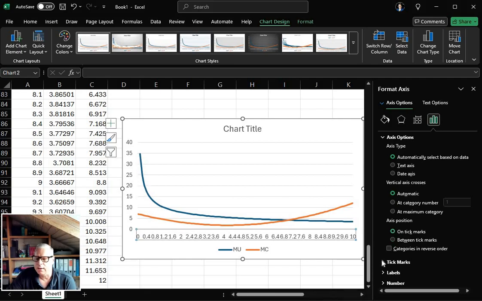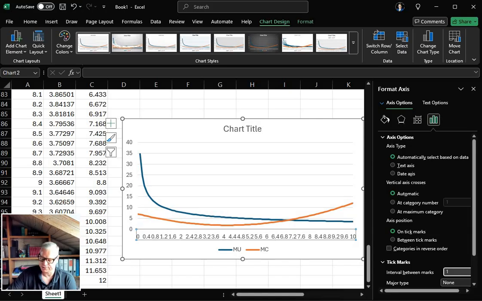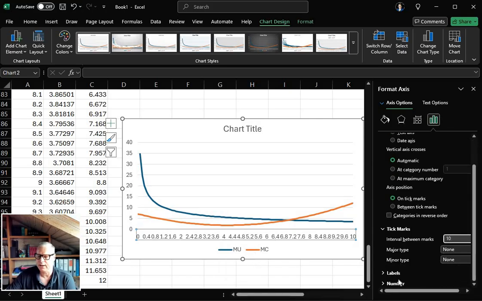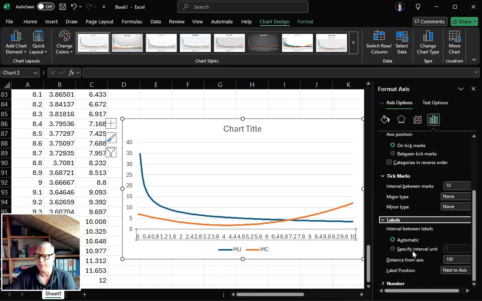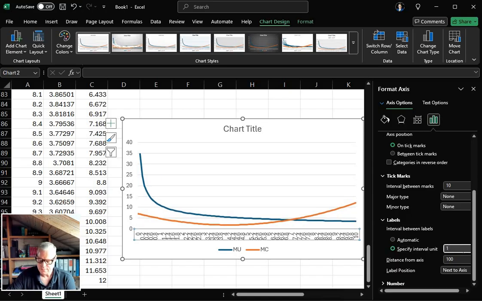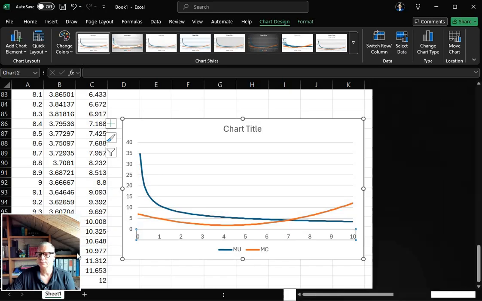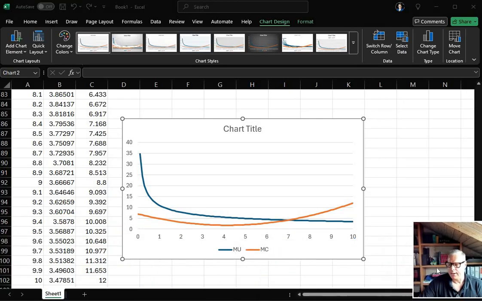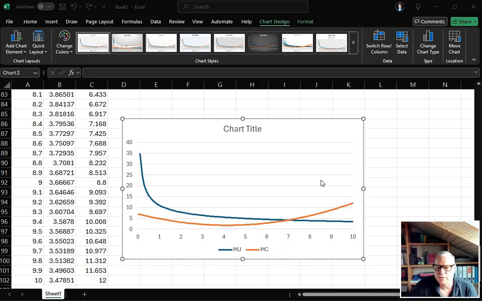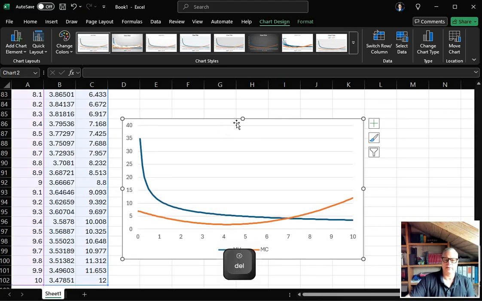Maybe we want to have the tick marks a little bit spaced, maybe 10, and the labels also spaced out. Okay, now it looks a little bit better. And you can see indeed the optimum where the marginal utility intersects with the marginal cost is indeed close to 7. So it looks like we did everything correct.